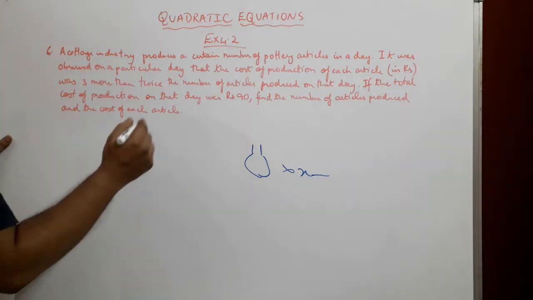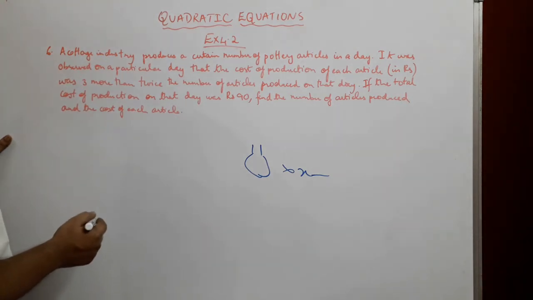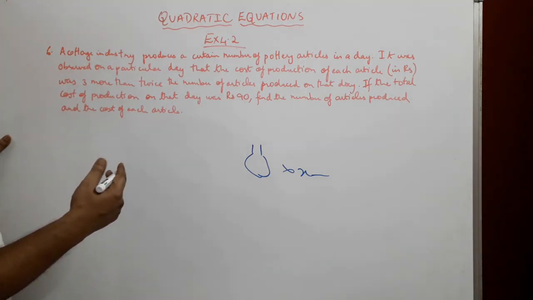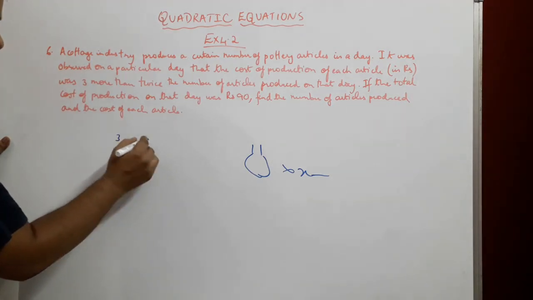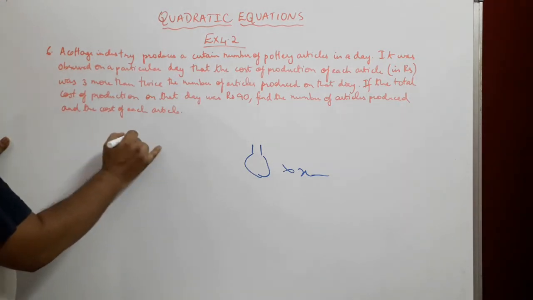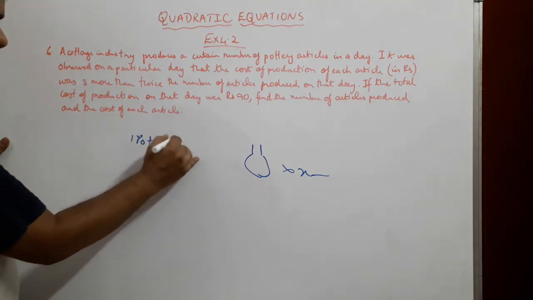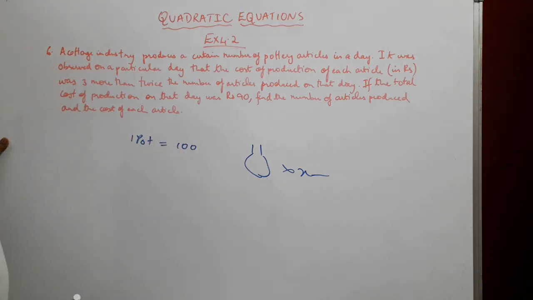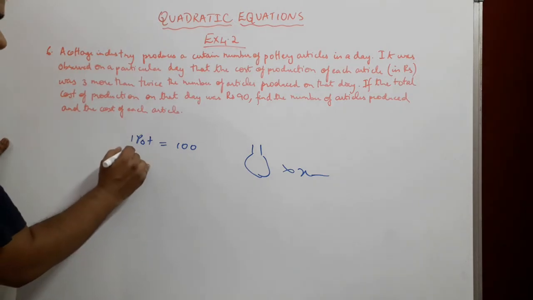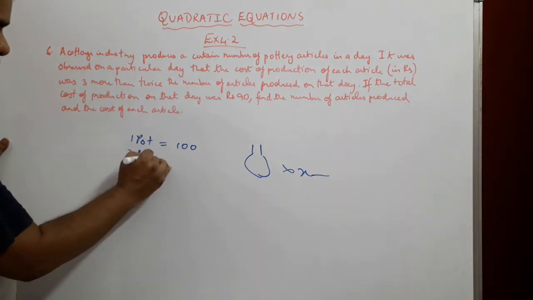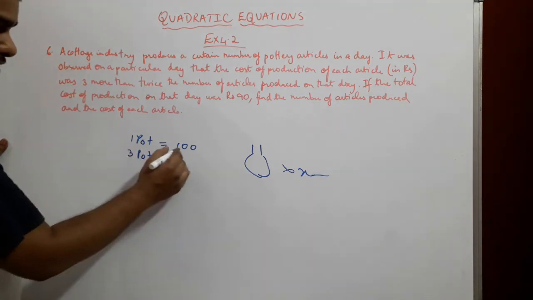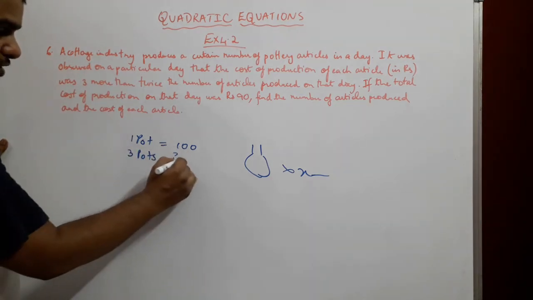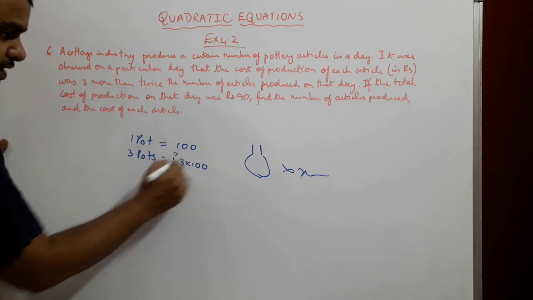Okay, cost of production, let's see. Let's say one pot costs say 100 rupees. So if we produce 3 pots, what will be the cost then? You'll probably just multiply 3 into 100, right? The cost of that will be 3 into 100.